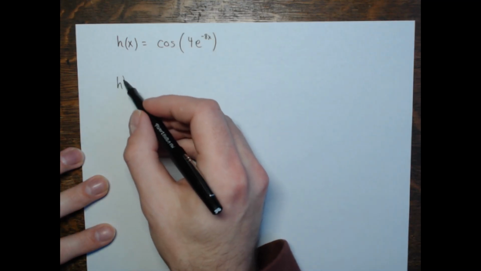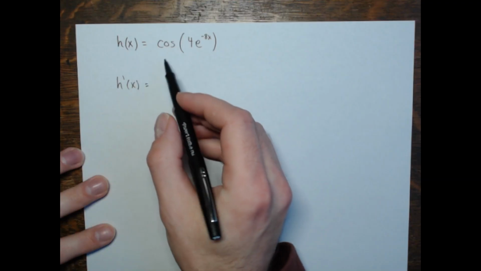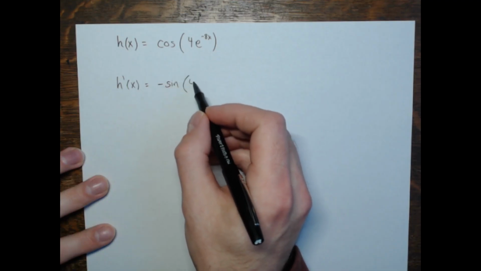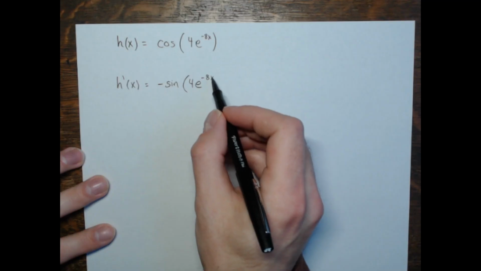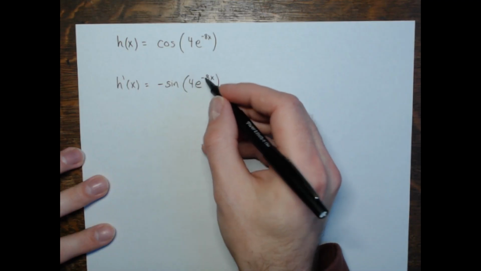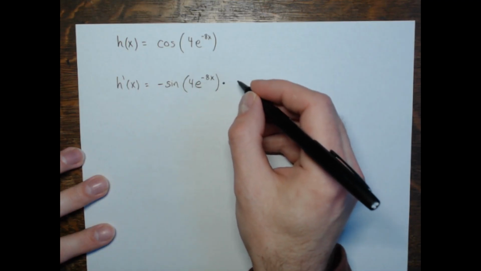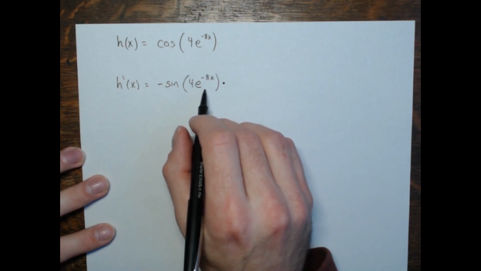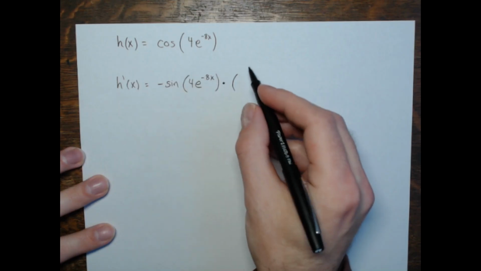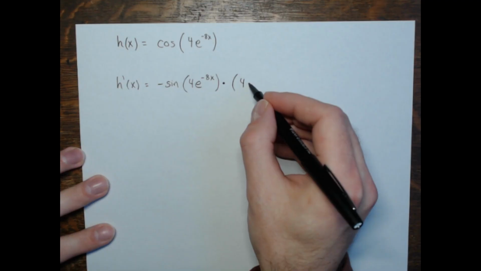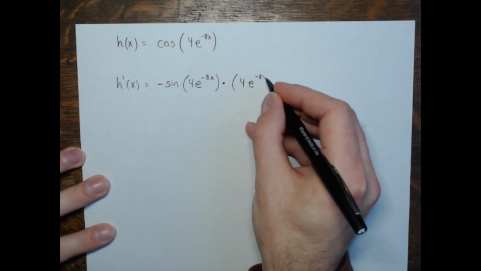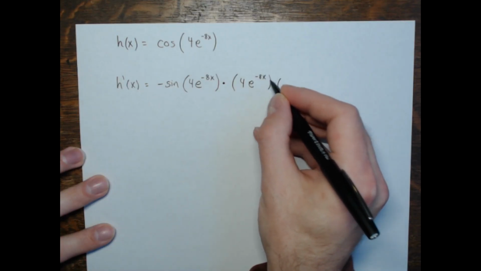So when I do the derivative, remember the derivative of cosine of something was negative sine of that thing. So I still have negative sine of 4 times e to the negative 8x, but then afterwards, chain rule, multiply by the derivative of the expression inside, which would be 4 times, and then remember the derivative of exponential is itself, so e to the negative 8x, but then times the derivative of that power.